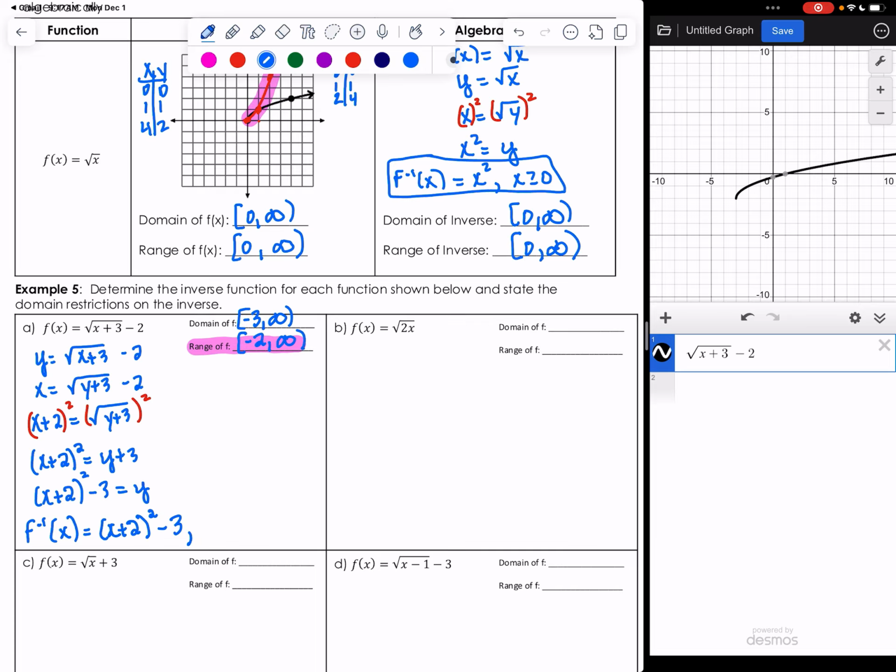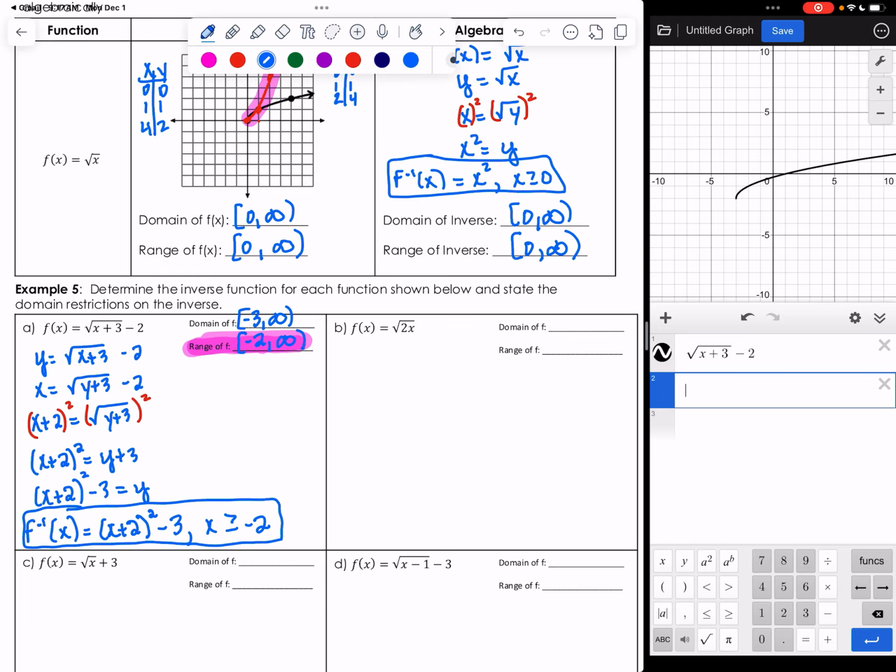And then I need to restrict the domain. So remember, to restrict the domain, we are using this range because it's going to become the new domain. So for x's that are greater than or equal to -2.